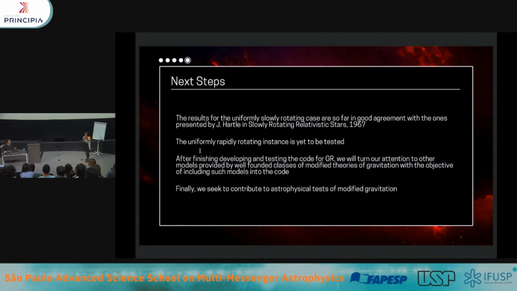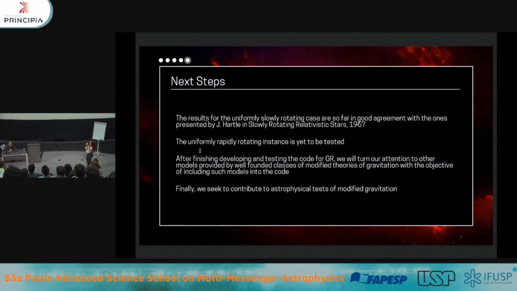Oh, thank you. So as I said, we plan to work with modified theories of gravitation, but we did not get there yet. We are in GR still. Our results for uniformly slowly rotating stars are in good agreement with the ones presented by Hartle. And as I said, we are finishing GR, so we are still testing the rapidly rotating case.